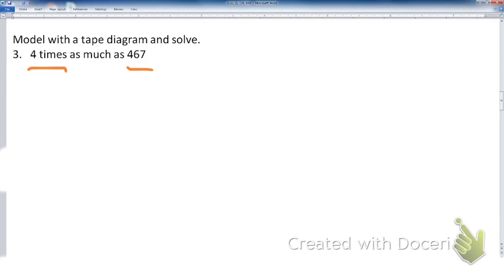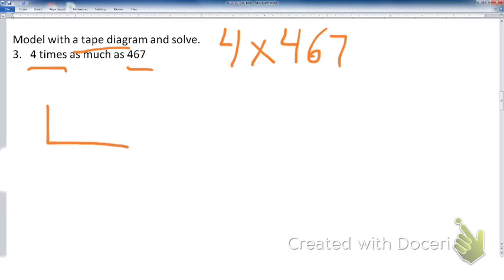So we have 467 4 times. What we're doing here with the tape diagram is helping students realize that this is repeated addition. So we have 4 times 467.